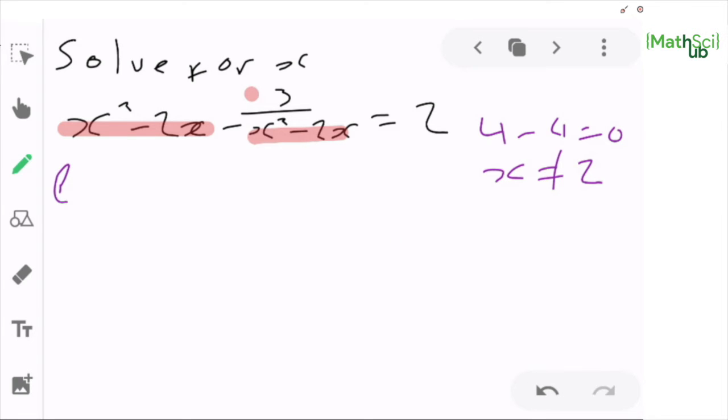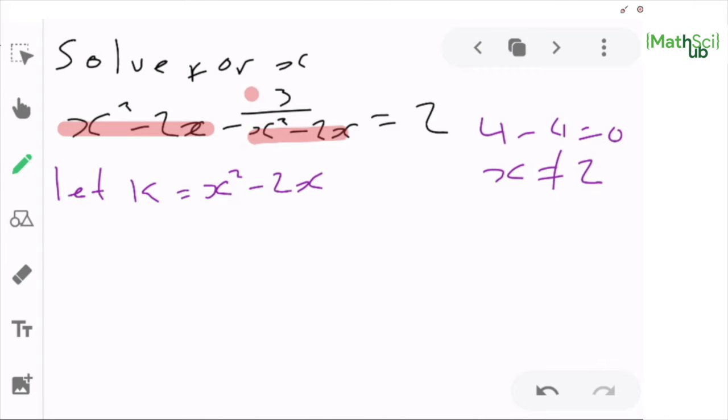And then you say let k equal whatever term is repeating itself. In this case, it's x squared minus 2x.